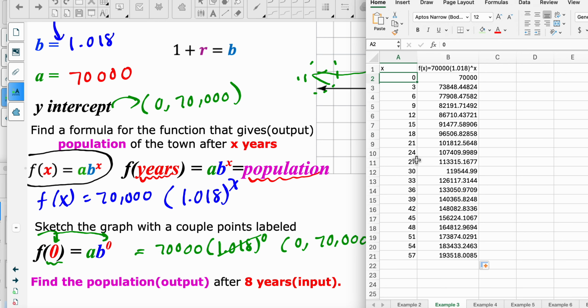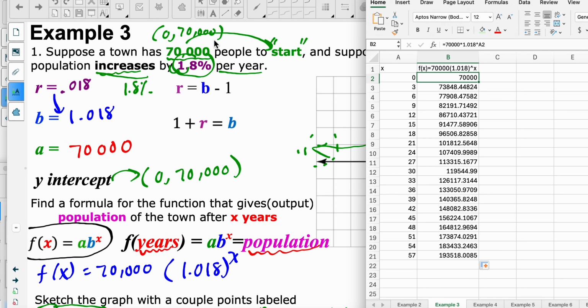I can see here that when x equals 0, y equals 70,000, that's my initial amount. In this case, I started at 0 because that's when I started measuring the population, so I didn't go backwards in years.